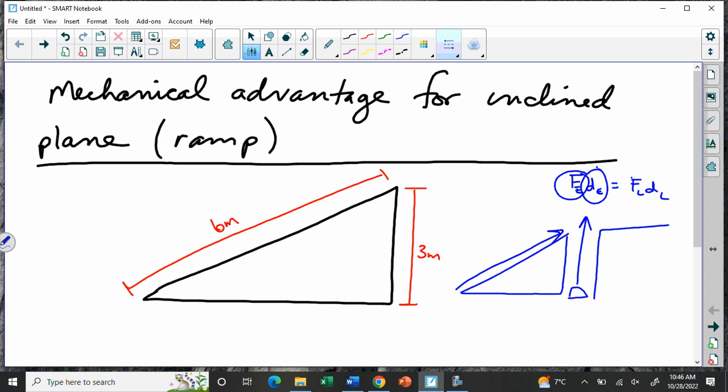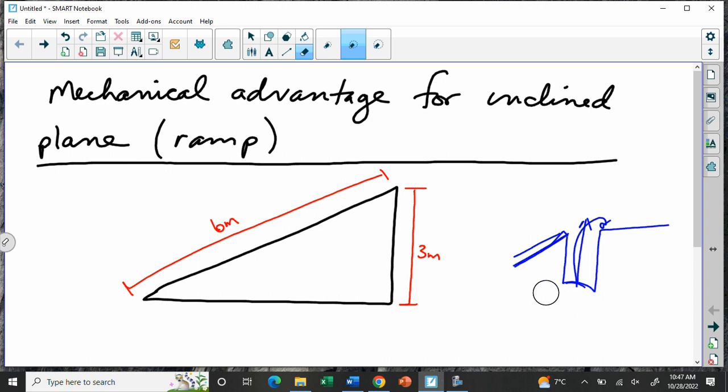You can still have the same amount here when you make one smaller and one bigger. So we're making the effort distance larger to hopefully reduce the effort force. But we're still going to achieve the same thing. Whether you lift straight up or use the ramp, you get this block from here up to here. That's the end result.